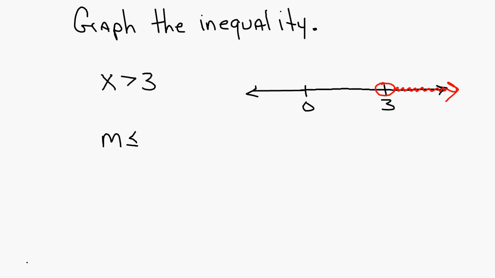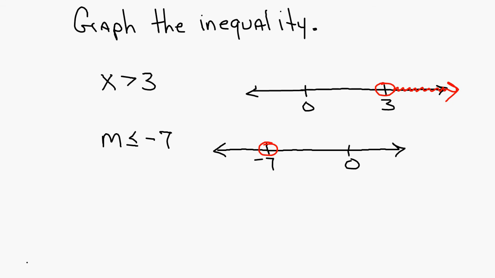M is less than or equal to negative 7. Number line again, and on your number line you put your negative 7 and 0. Now, less than or equal to, that is a closed circle.